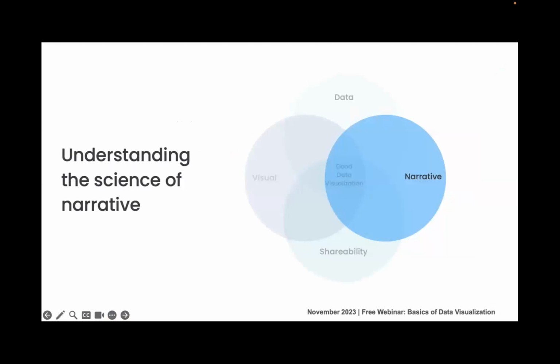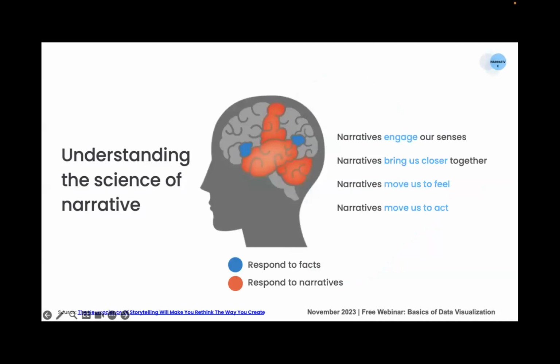So you probably noticed so far, it's about showing the data you have, but ultimately it's all about sharing stories using visualization. So I want you to look at this neuroscience experimentation.